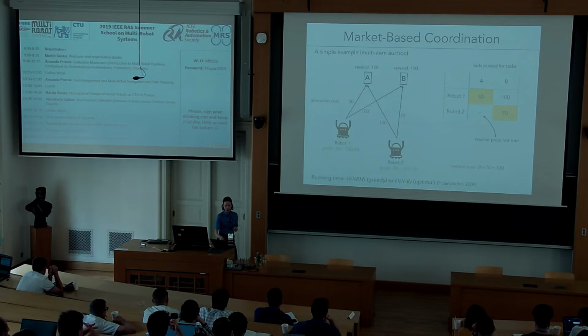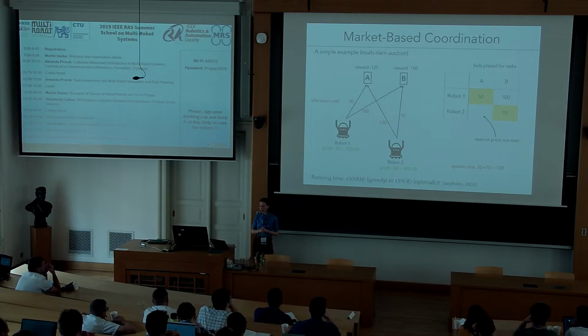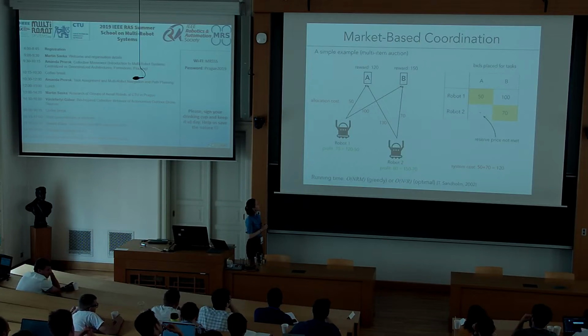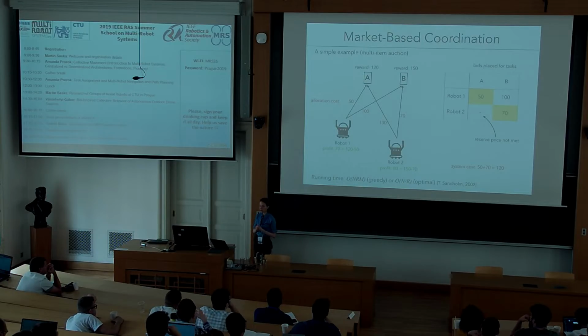So what does this actually look like? Well, the representation of a market-based system in its most basic form is very, very simple, where we say we have different tasks, in this case A and B. And we have a reward or a reservation price that we say the task will allocate to the robot that actually solves this task.